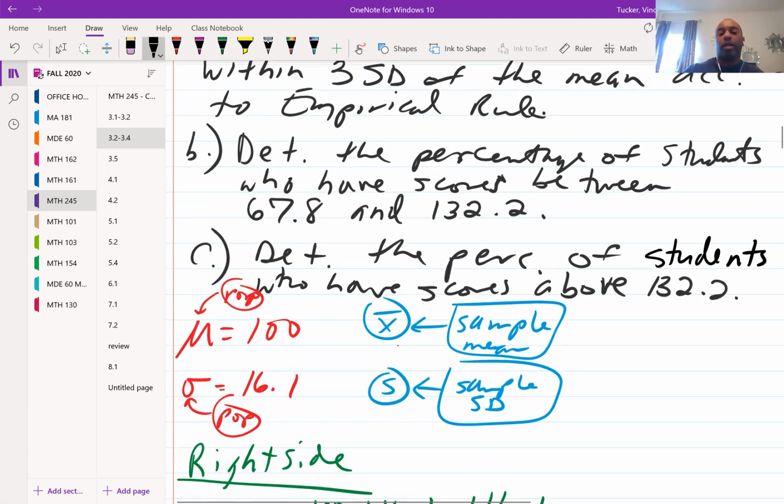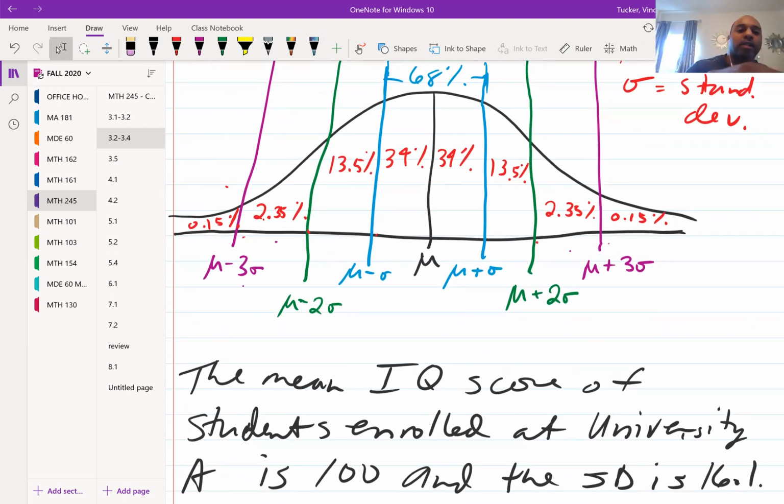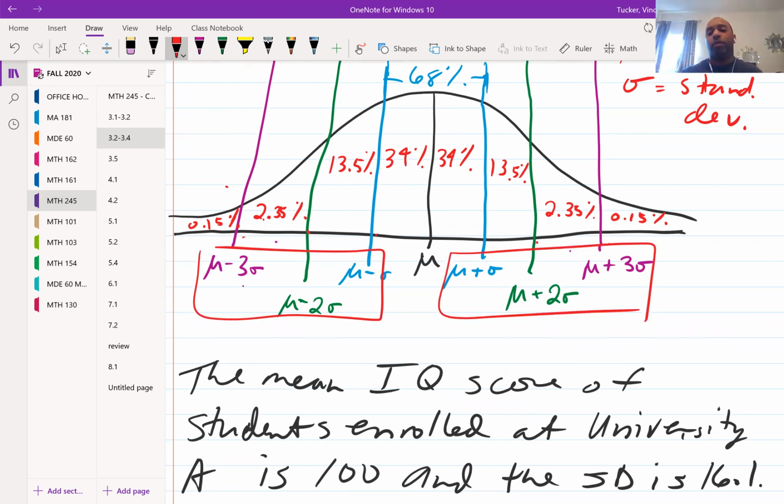All right, so when we look at calculations, just going back here, we have a right side of our empirical rule, left side. So I'm going to calculate the right side. Notice what you would do is just add a standard deviation 3 different times. And then for the left side, we would subtract our standard deviation 3 different times.